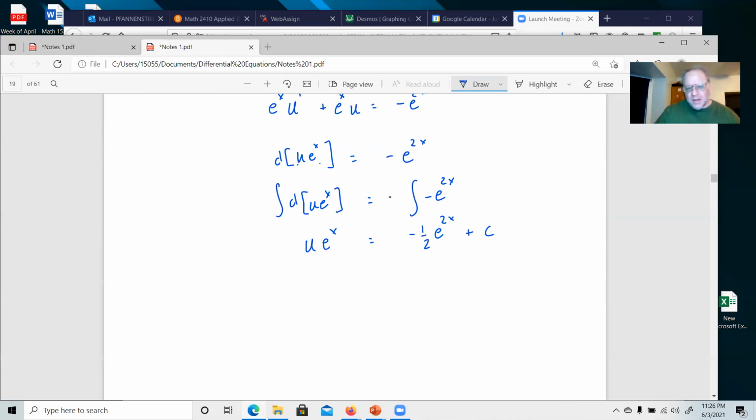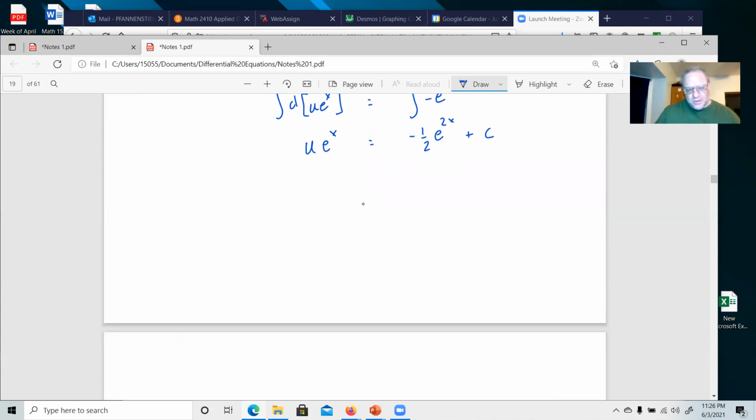Cute. All right, so the next thing we're going to do is solve this for u. So this is e to the negative x on everything, right? So multiply both sides by e to the negative x. That'll cancel out, we've just got a u. We've got e to the x times e to the negative x. It's negative 1/2 e to the x plus c e to the negative x, right?